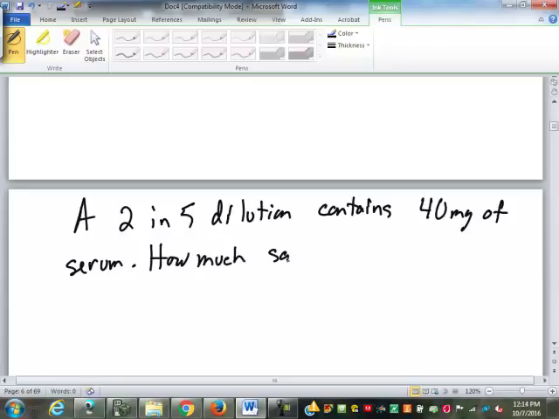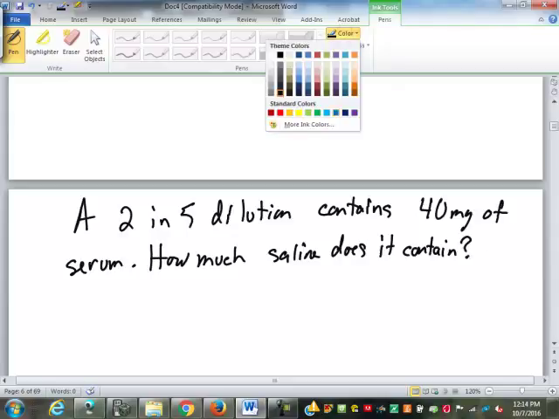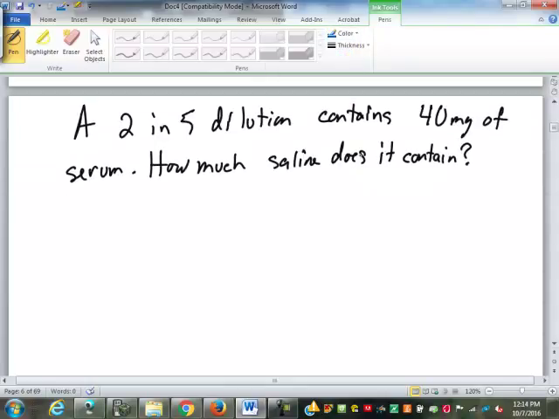How much saline does it contain? So 2 in 5 dilution. Again, 2 is serum, 5 is total solution.